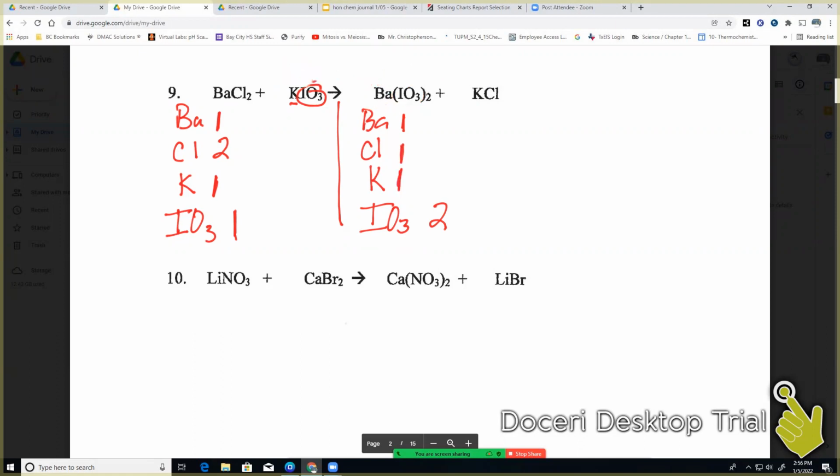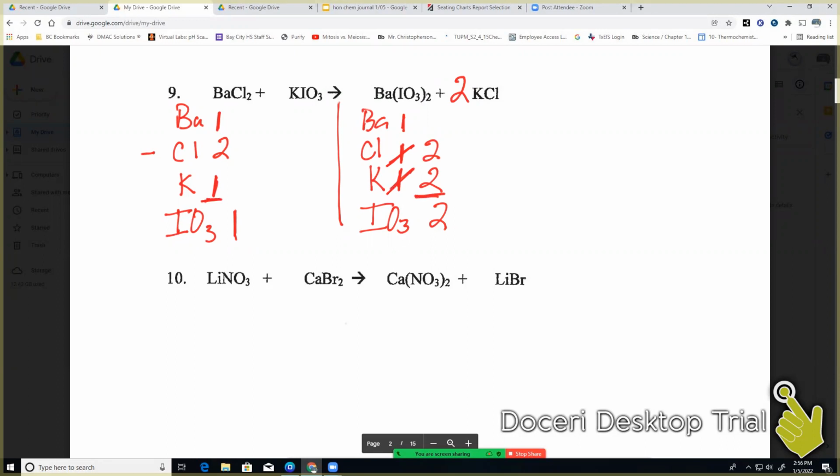All right. So now let's see, barium looks good. Chlorine is off. I need 2, so I'm going to put a 2 in front of the compound that has chlorine. So that changed my chlorine. But don't forget, it also changed your potassium. So now I got my potassium 2 over here and only 1 over here.